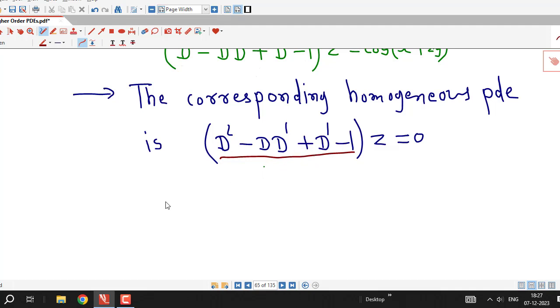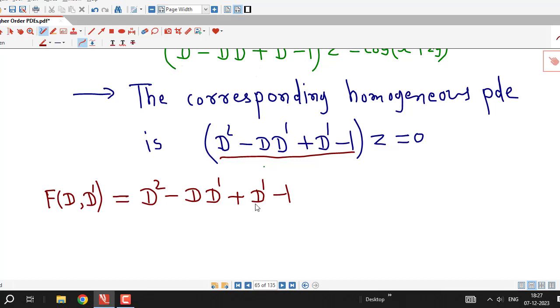So first we have to see whether we can rewrite this as a product of linear factors or not. Here we denote this by the function capital F of D and D dash. So we can rewrite it again in this way so that we are able to write it as a product of linear factors.